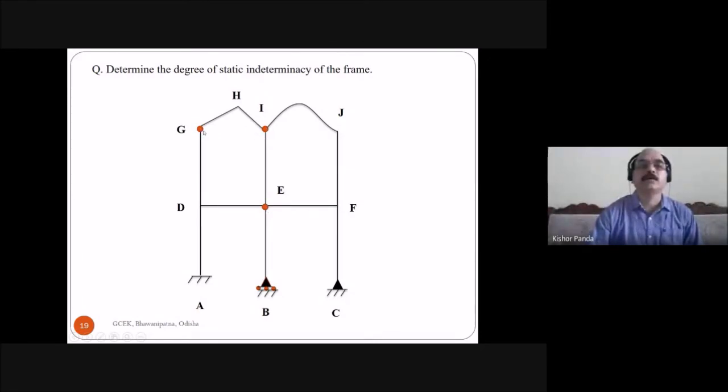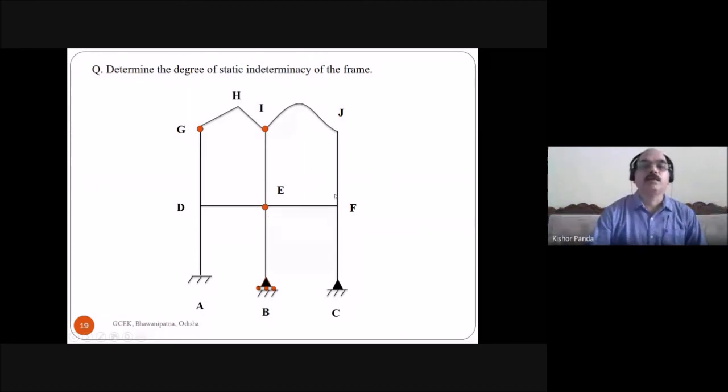These are the internal hinges, present at the joint, not inside the member. All other joints are rigid joints, and only these 3 internal hinges are present. This means you have to consider it as a pin joint.